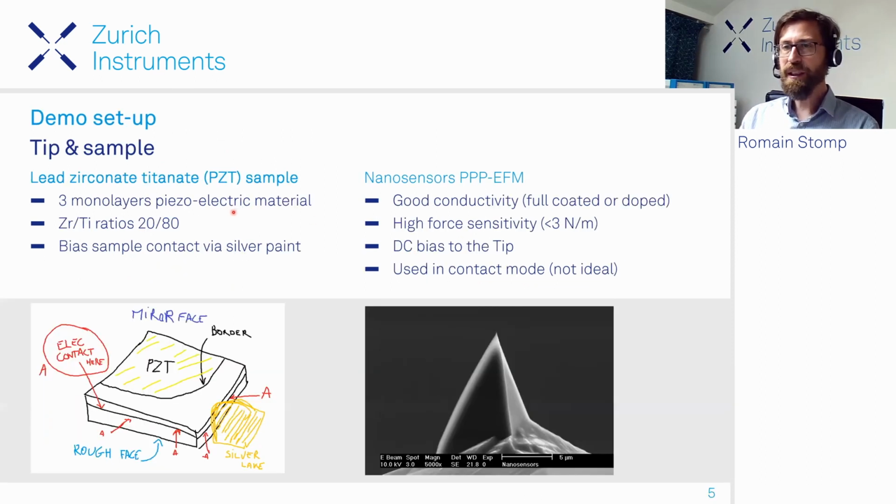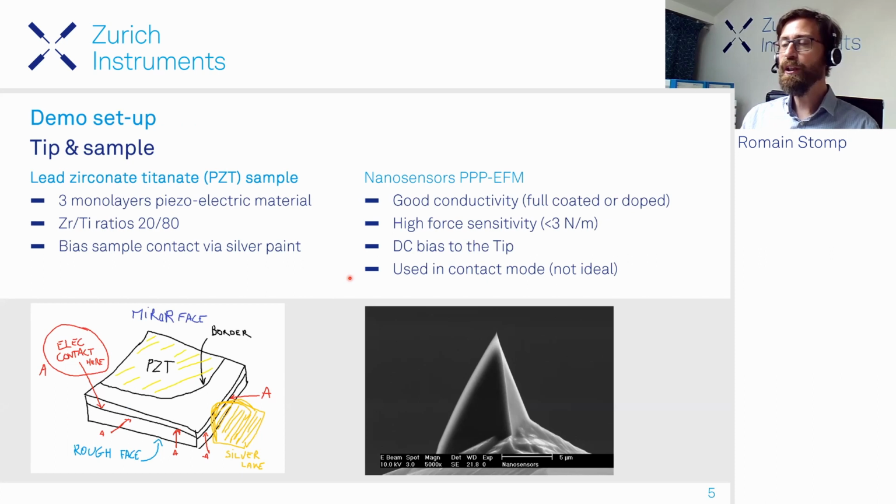In terms of tip and sample, we had a customer kind enough to let us have a PZT, and we actually realized only fairly recently that it's a 3 monolayer PZT with this ratio of 20/80, and then we just sealed the pane to contact to the bias.